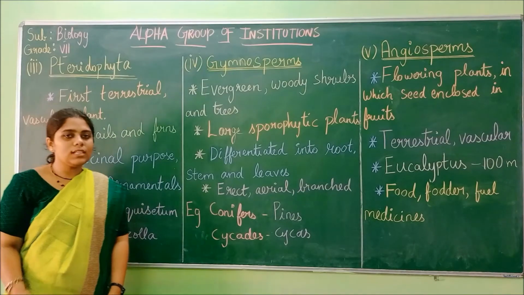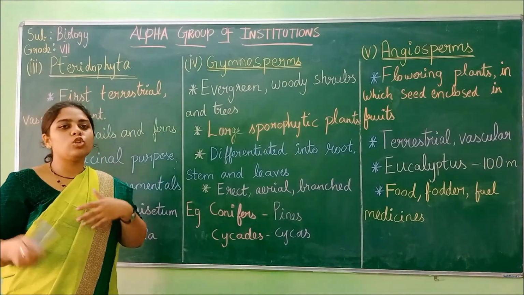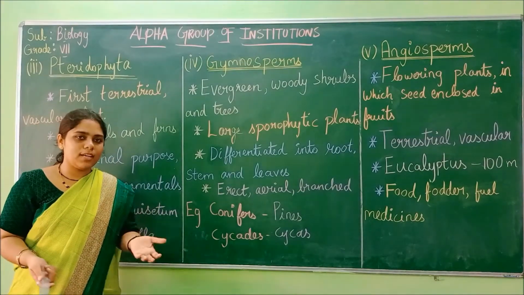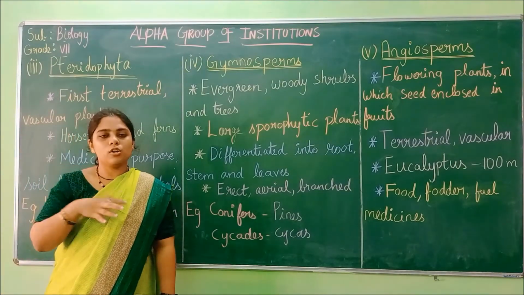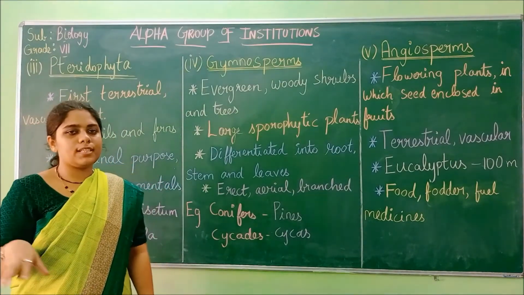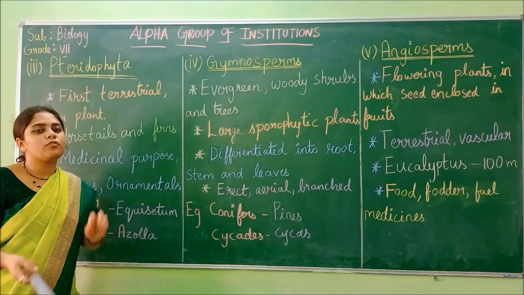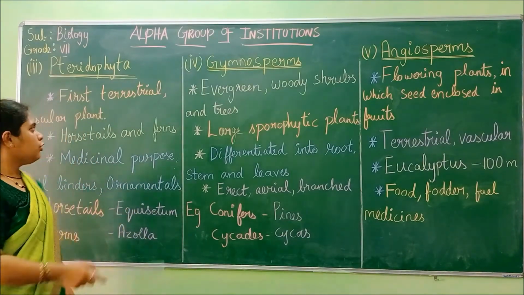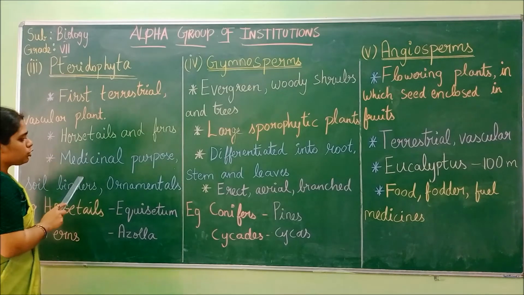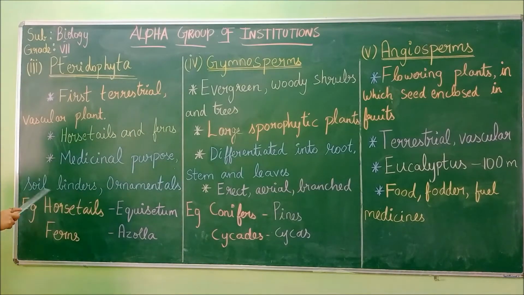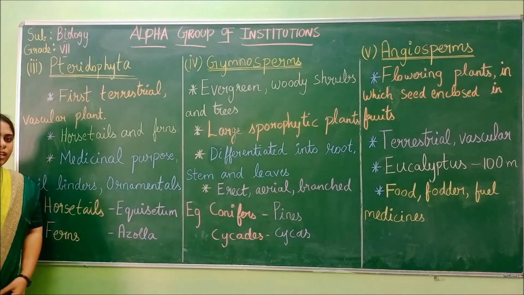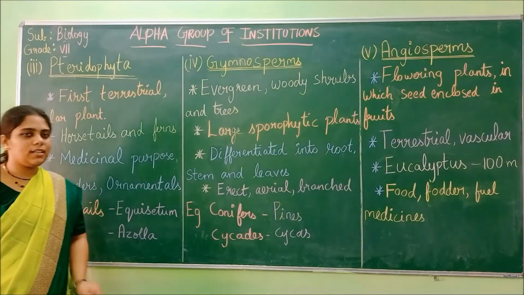Medicinal purpose means these plants are used for making medicine, the tablets and medicines that we need. So for these medicinal purposes, some of the pteridophytes are used. Next is soil binders. What are they? Pteridophytes are soil binders.